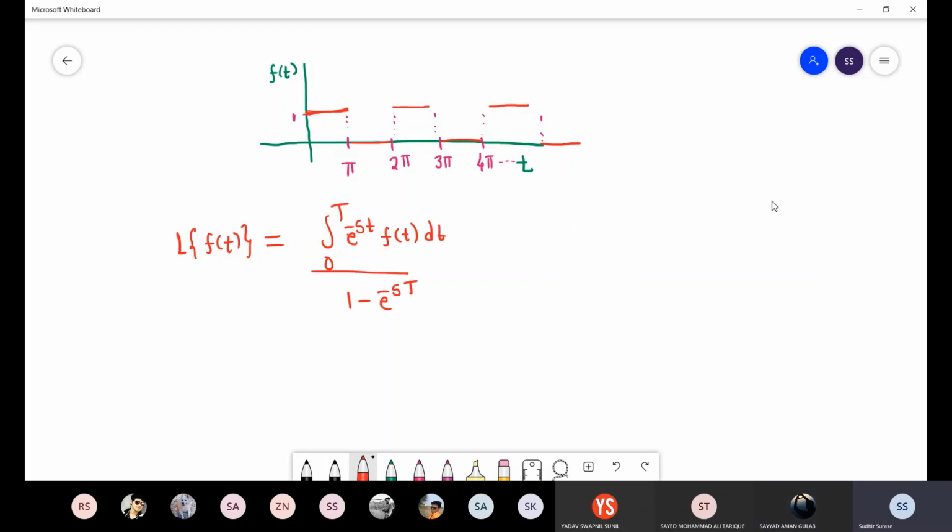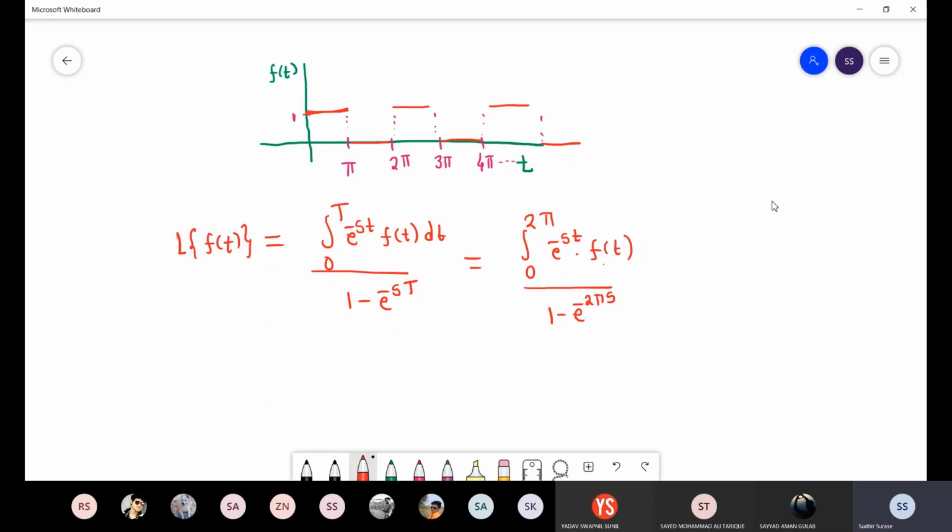T is the period of that function. So this is equal to the integration from 0 to 2 pi of e to the power minus st and f of t, whole divided by 1 minus e raised to minus 2 pi s, because the period is 2 pi.